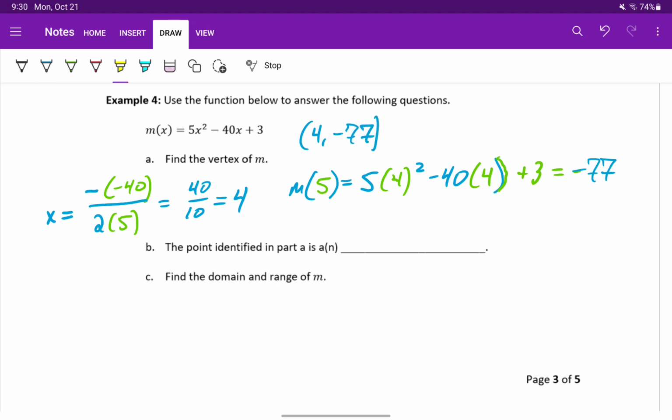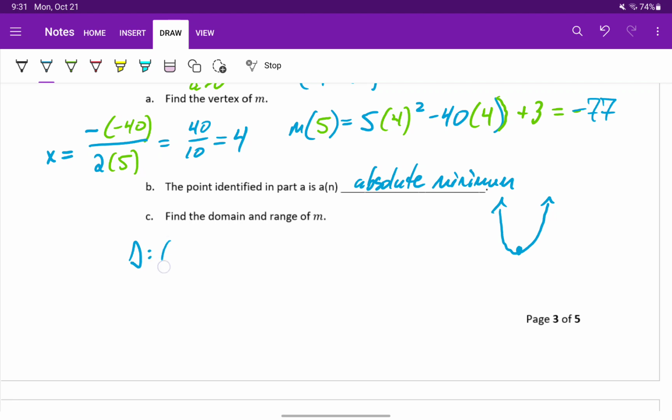To determine if this is an absolute maximum or absolute minimum, we look at that a value, which in this case is greater than 0. That tells us our function is opening up, so we have an absolute minimum, because our curve looks something like this, where our vertex is at the bottom.